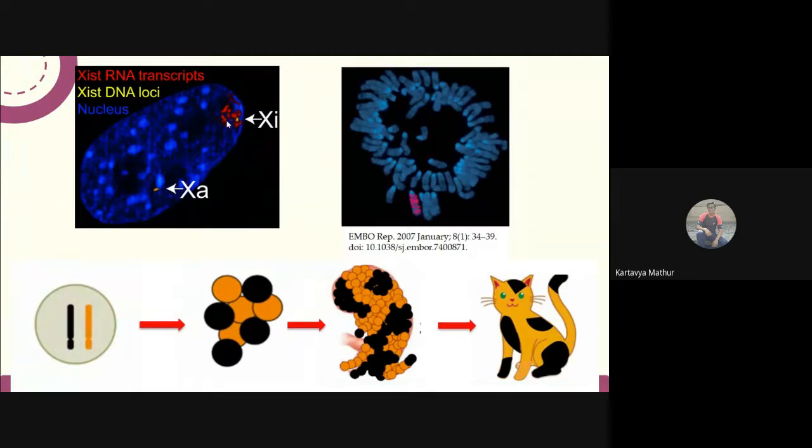The red dots you see mean the RNA transcript which causes the X chromosome to get inactivated. Since there is no RNA transcript for the other X chromosome, it would remain free and express the gene which is intended to be expressed. Similarly, this diagram also shows the inactivated X chromosome.